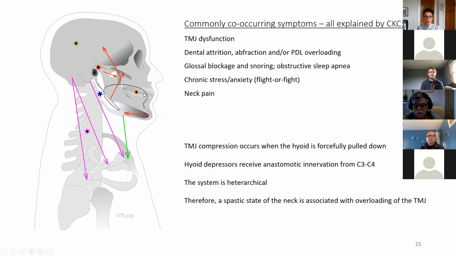And it is also happening in similar cases with dental attrition and overloading of the bite. So it's a theory, but this is an application of the closed kinematic chain school of thought to a real life problem.